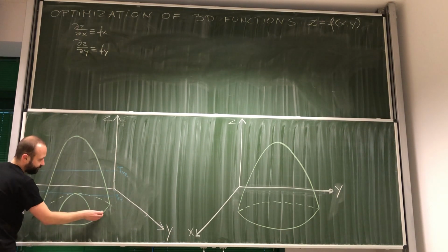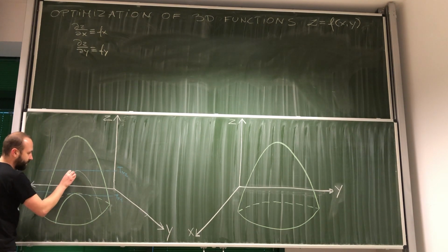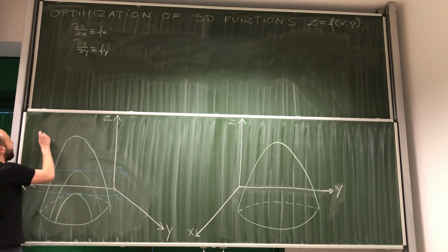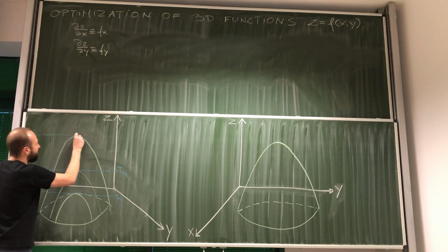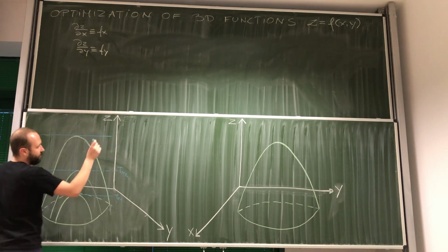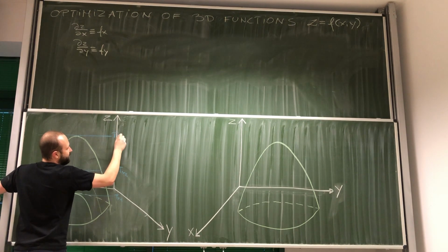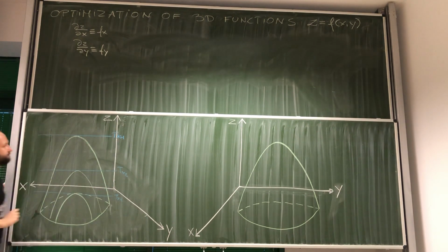Each of them would be associated with this inverted parabolic shape. But of course, we are not on the top. We can go on like this until we arrive at the top. I'm going to call it Tx max.